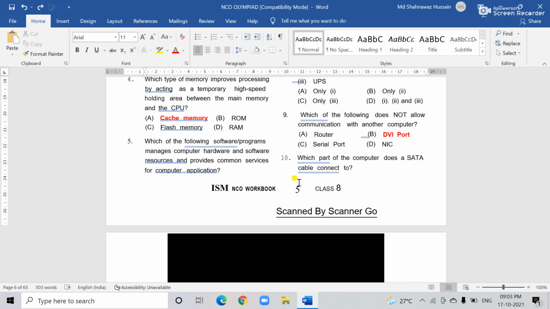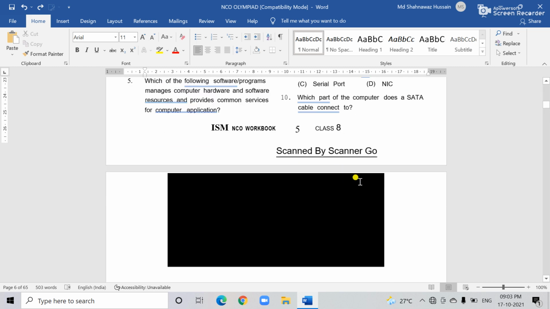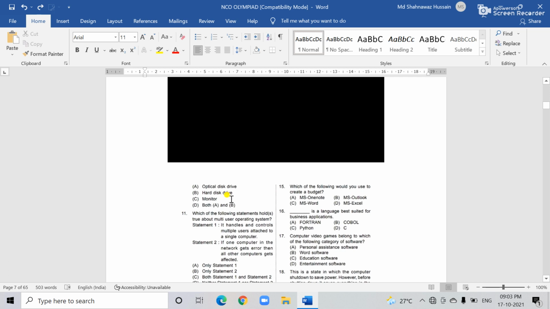When Windows 7 was very popular at that time, SATA and PATA were both used, but nowadays SATA is used the most. Let's see the options.